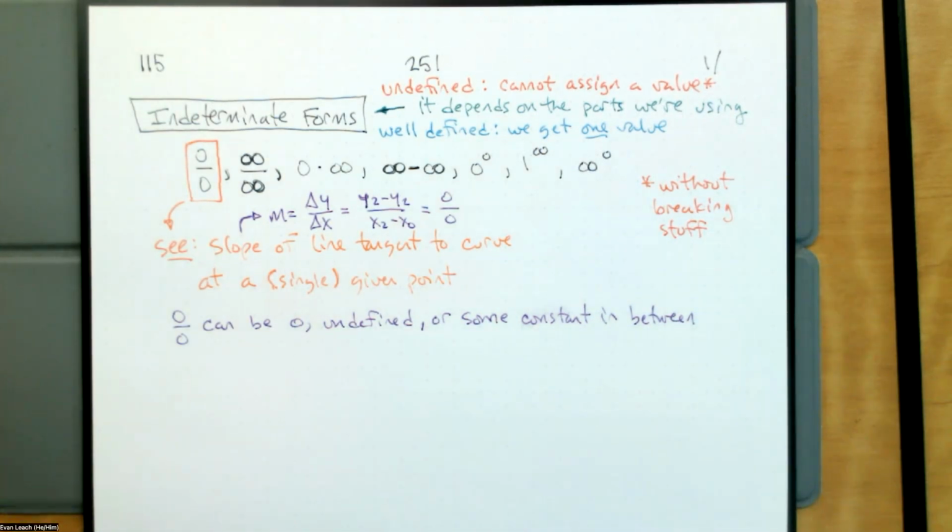So the 0 over 0 can be 0 or undefined or any constant in between, positive or negative.